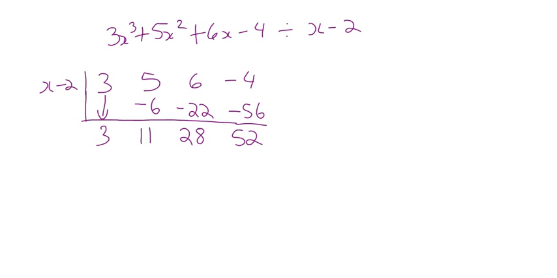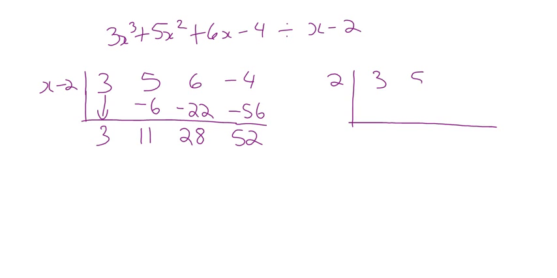Okay? In doing synthetic division by addition, instead of dividing by the divisor, you divide by the factor associated with the divisor, which in this case is positive 2, right? If x minus 2 is the factor, then 2 is the root, right? So you're dividing by the root, in this case 2.